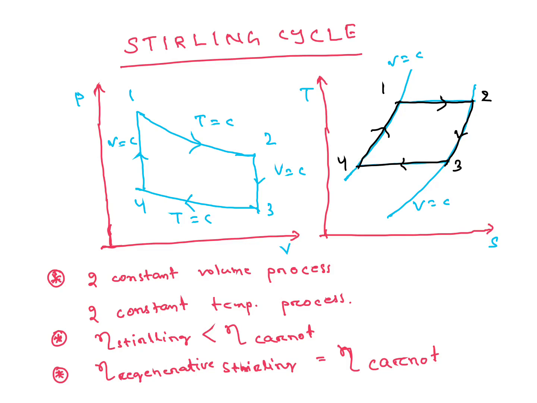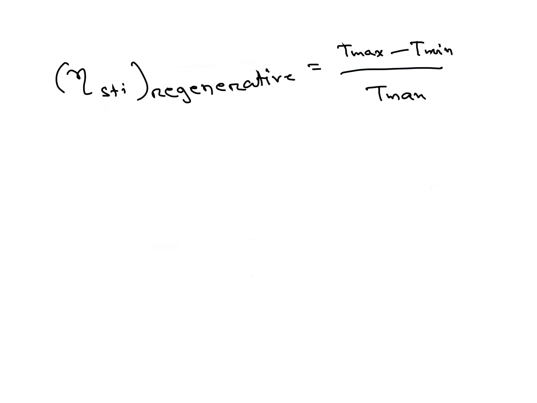So if regenerative is mentioned, then efficiency is same as Carnot cycle, T max minus T minimum divided by T maximum.